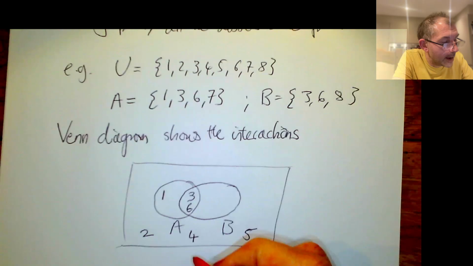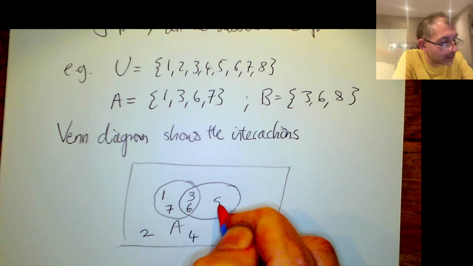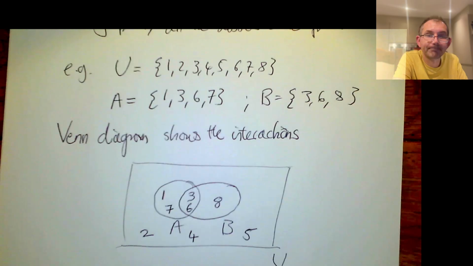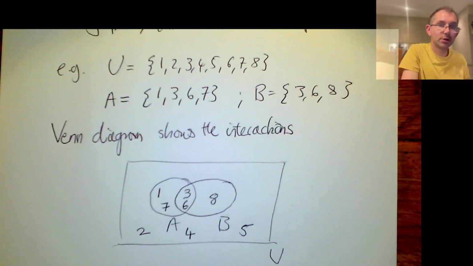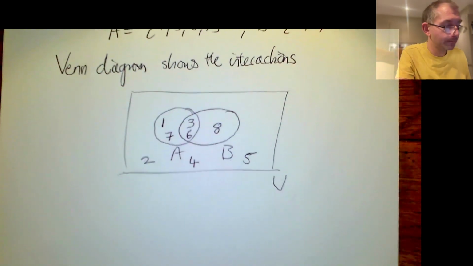The element 7 is just in A, and the element 8 is in B. So this is a Venn diagram, and it shows you where all the elements of the universal set lie in the two subsets there. So that's the picture I'm going to keep referring to.